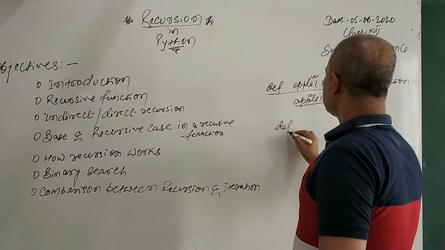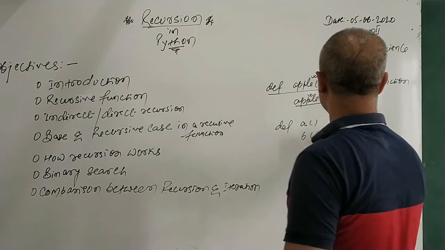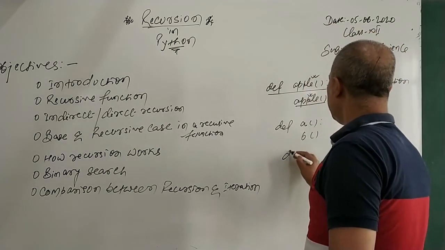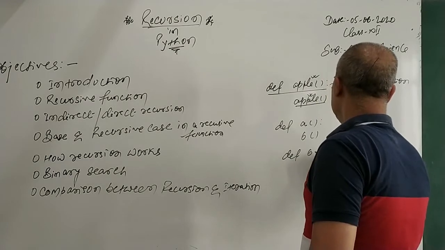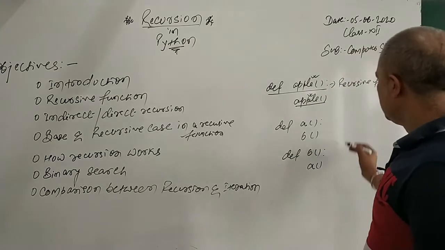The situation may be like this also. If A is calling B in its body, here A is a function and B is a function that you're calling, and you may have B as a function that calls A inside it.